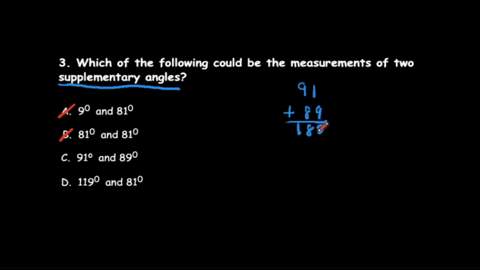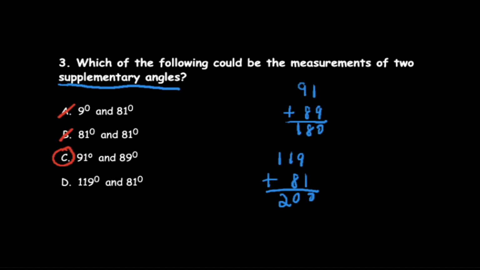So answer choice C is the correct answer choice. And if you were to add 119 degrees and 81 degrees, I believe that gives us 200 degrees. Let me just double check that. 119 plus 81, that's 200 degrees. Okay, so answer choice C is the correct answer choice here.